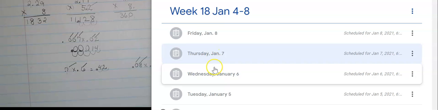Now your assignment today is going to be hooked up in the Google Classroom. You pull it up right like this, and let me pull it down a little here so you can see each one. For number 1, 2, 3, and 4, you are going to need to set it up to do the multiplication.